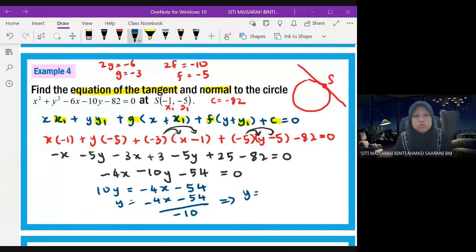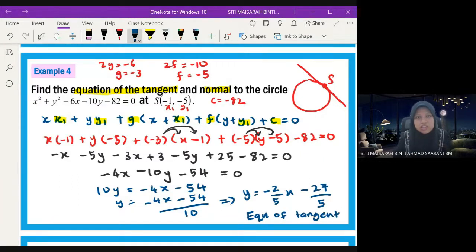Y is equal to, tak ada negatif sorry, Y is equal to negative 2 over 5x minus 27 over 5. So this is your equation of tangent. Yang ni.